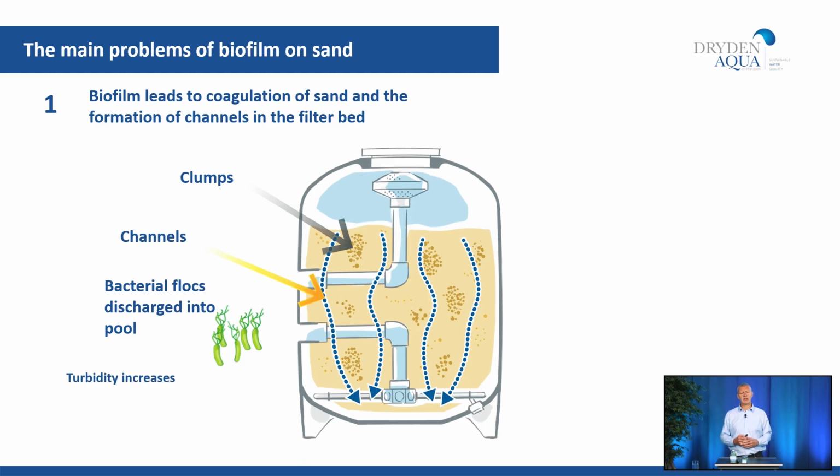So the turbidity increases, the chlorine consumption increases because it's being consumed trying to kill the bacteria in the system, and the filtration is no longer reliable. And this is why advice from PUTAG with sand filtration is to replace that media every 5 to 10 years.